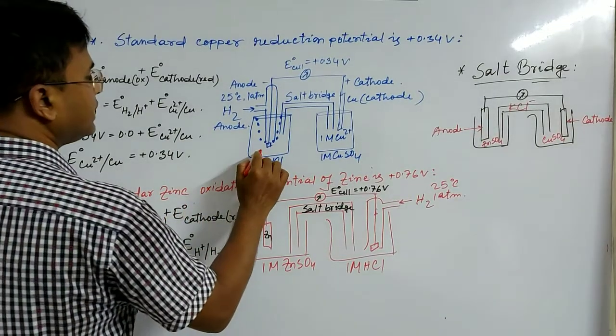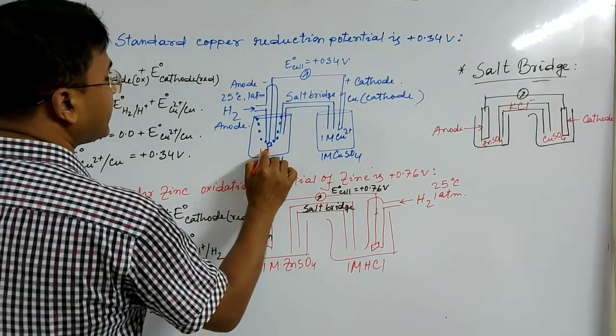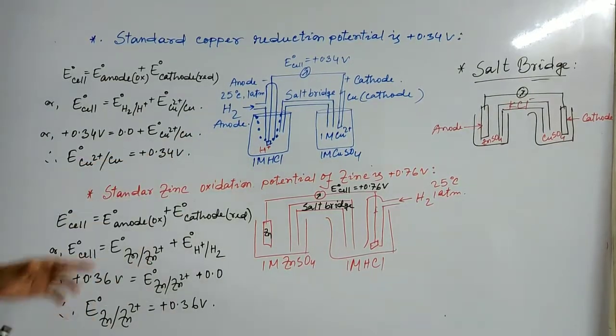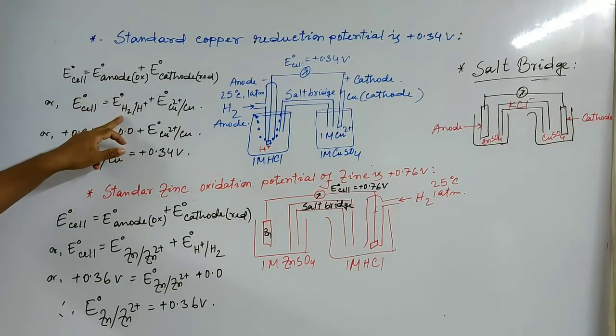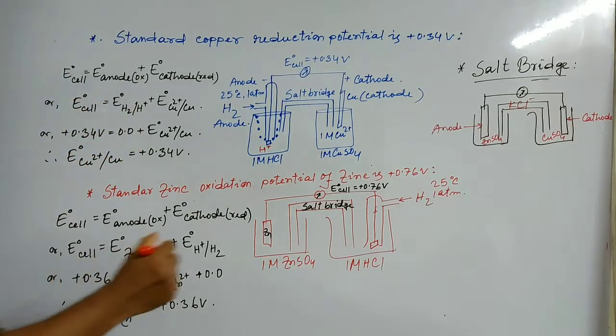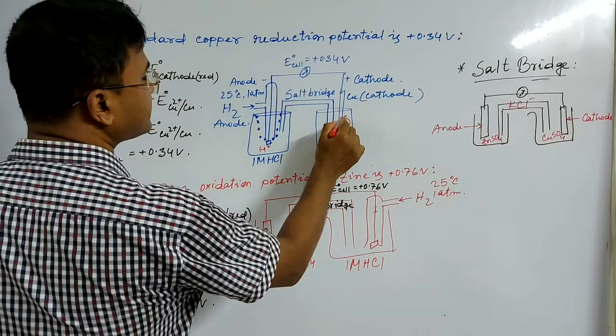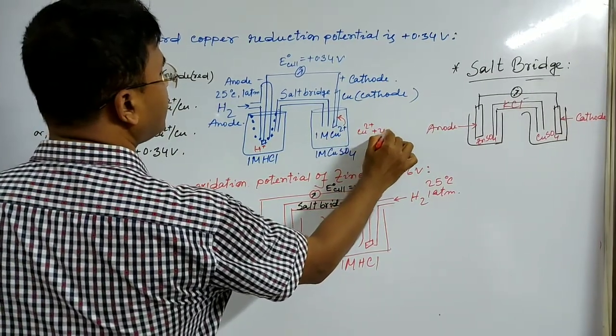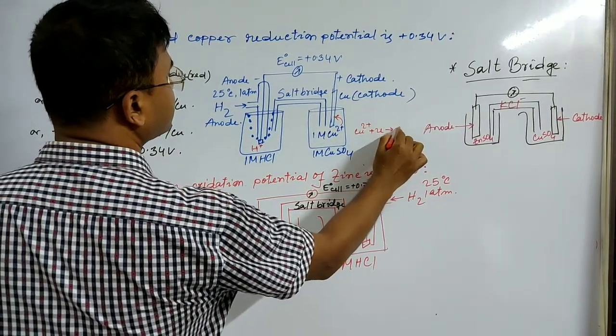All of you know that acid solution means H plus solution. So hydrogen converts into H plus. That's why I have written here E naught H2 slash H plus. Here copper accepts electrons to form metallic copper on the surface of the cathode.